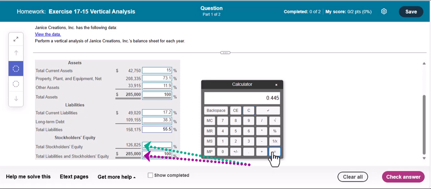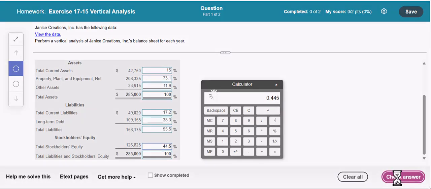And that is 44.5%. Also double checking our work, we can see that the 55.5 from the total liabilities and the 44.5 from the stockholders' equity make up that 100% for total liabilities and stockholders' equity. So let's go ahead and check our answer.